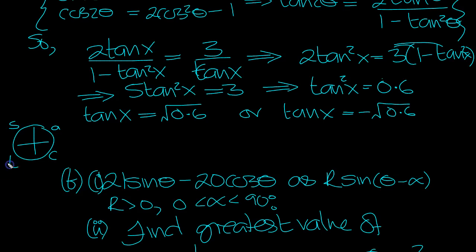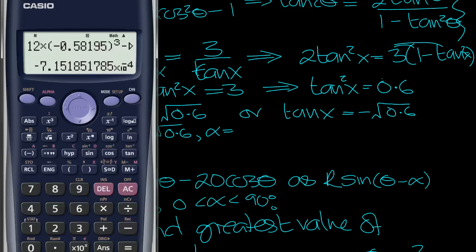CAST. Tan is positive here and here. Here's alpha. So tan alpha then, drop the negative if there is one to drop. So therefore alpha is equal to, let's get the calculator.